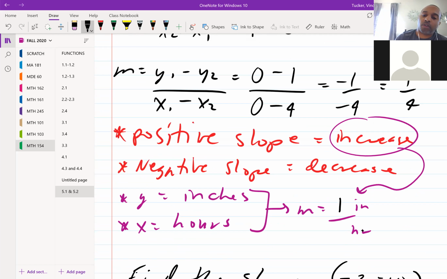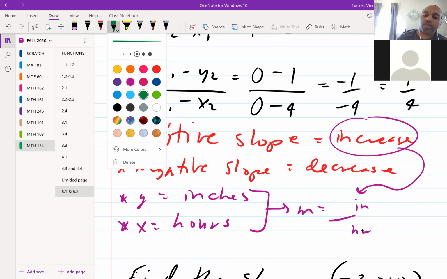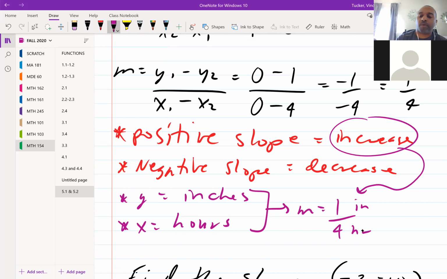So we say our slope is going to increase 1 inch every 4 hours. Remember, we had 1/4. My numbers were different for the last class. 1 inch every 4 hours. All right, questions? Any questions?